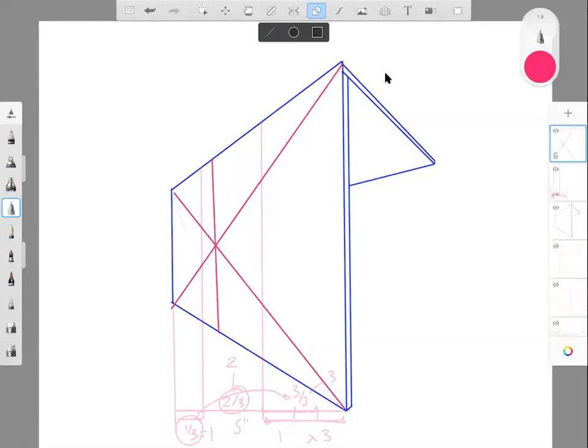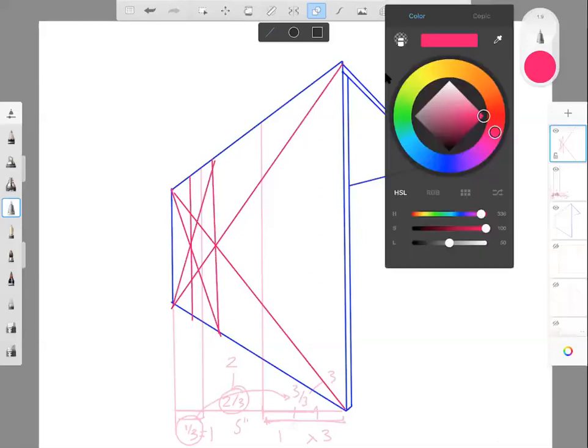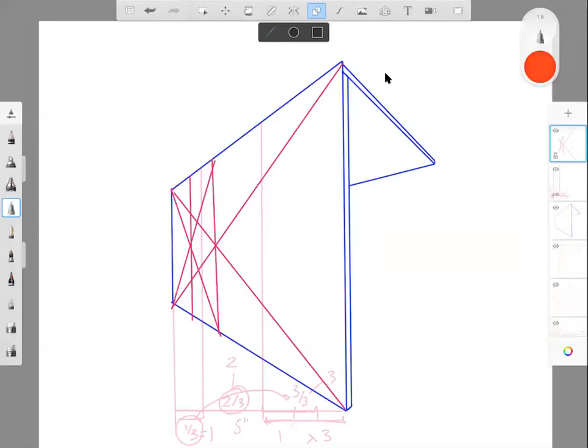So then this is the center. So then this is now like 1 to 2, right?